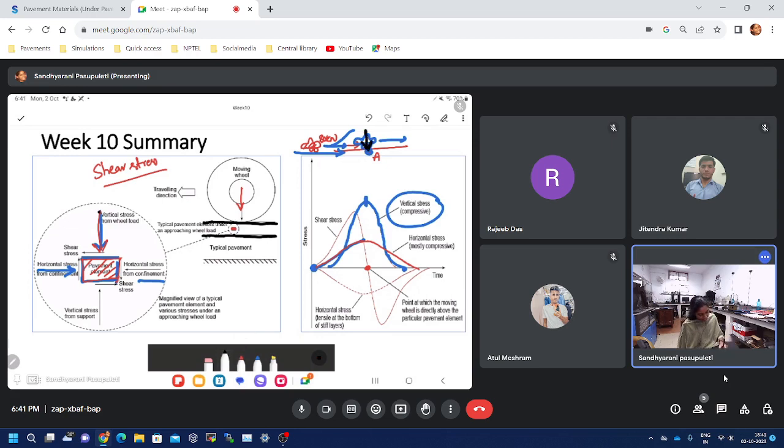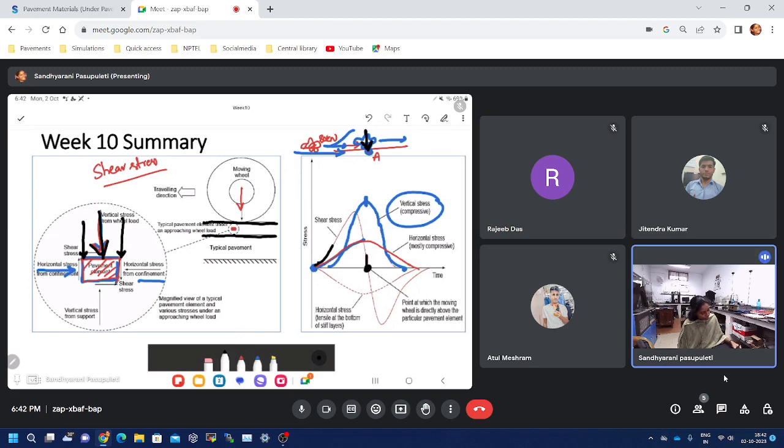But let us say, see here, if the material is having the load exactly on the top, there will not be any shear stress. But if the vehicle is just approaching or just leaving, then there is a chance of shear stress. If you look at the curve, this is zero shear stress exactly at the element place where the vehicle is above the element.